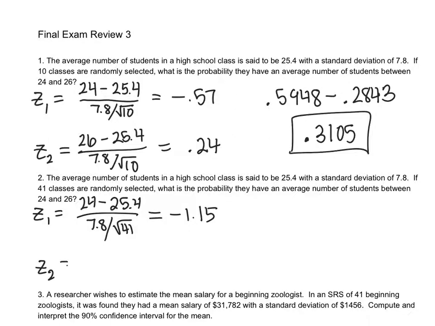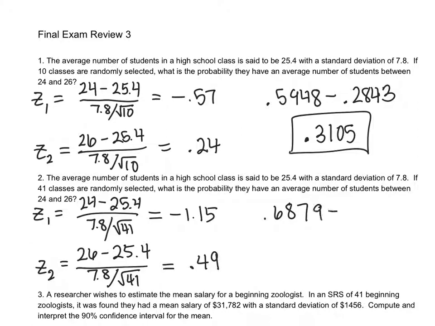Our second z-score, we're going to do 26 minus 25.4 over 7.8 divided by the square root of 41, which is going to give us 0.49. Again, we can see an increase in our z-scores. So now using our chart, the z-score for 0.49 is going to give us 0.6879 minus the value for negative 1.15, which is 0.1251.